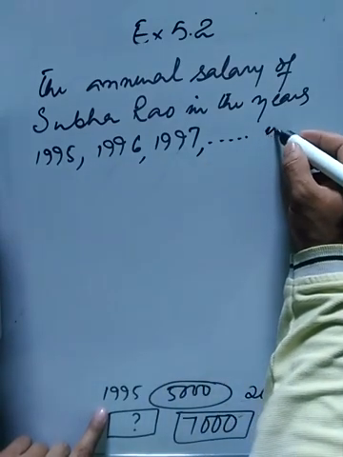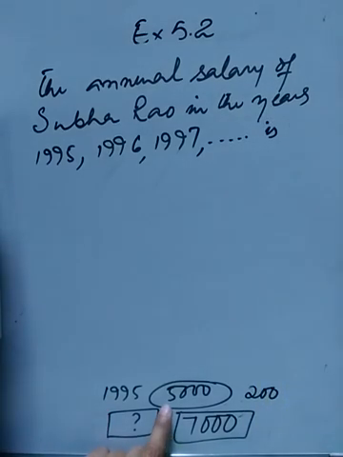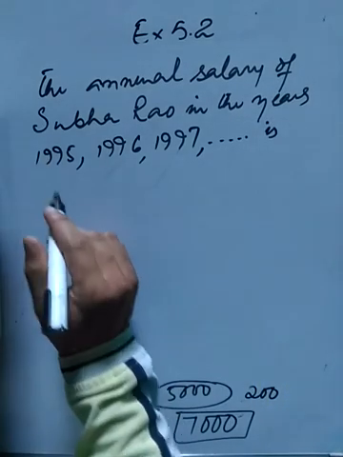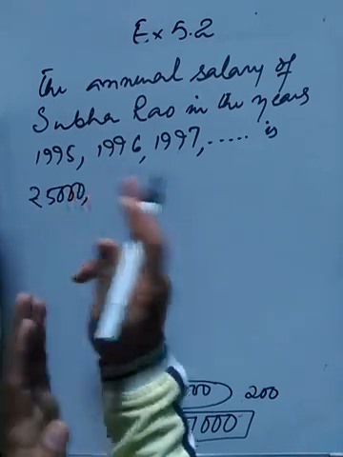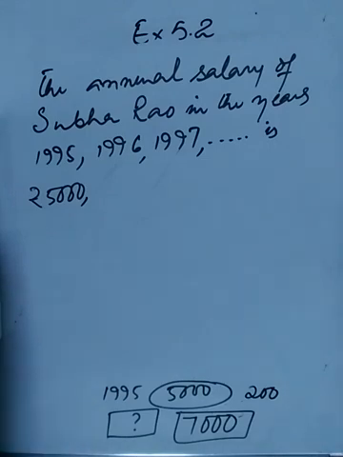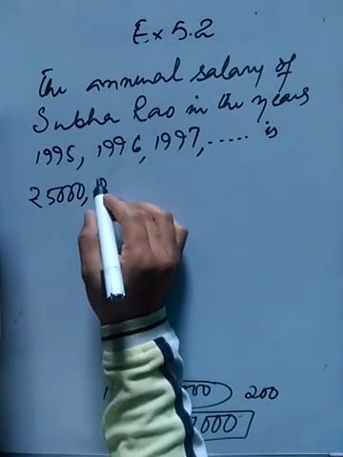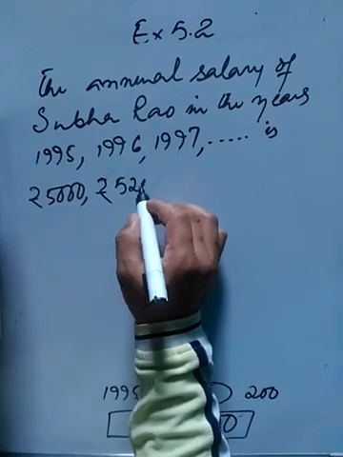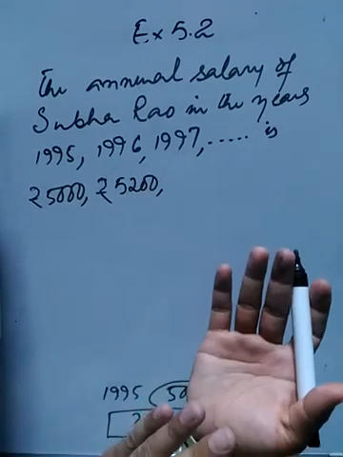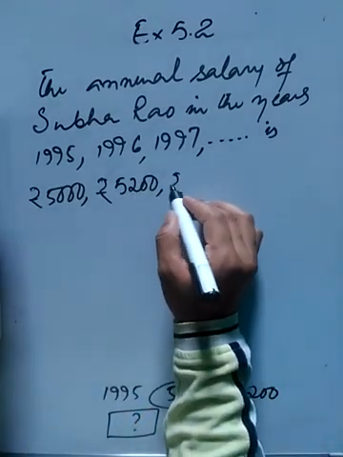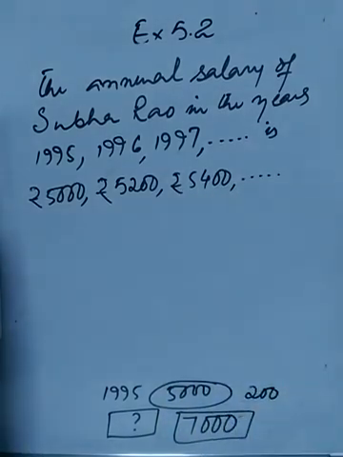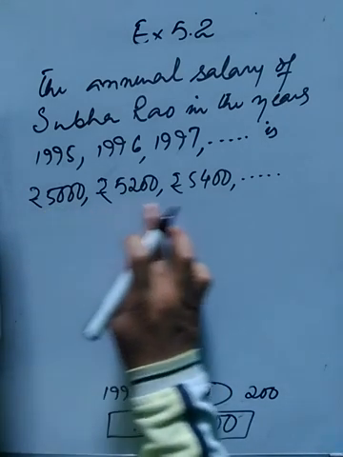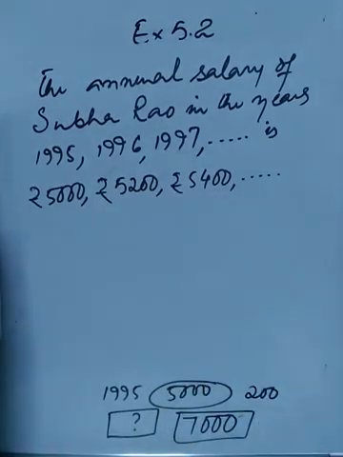First he got rupees 5,000 in the year 1995. So let me just write here rupees 5,000. But in 1996 his salary will be increased by 200, so it will be now rupees 5,200. Like that, next year again increased by 200, so it will be 5,400 and so on. So this list of salary, this list of numbers forms an AP.